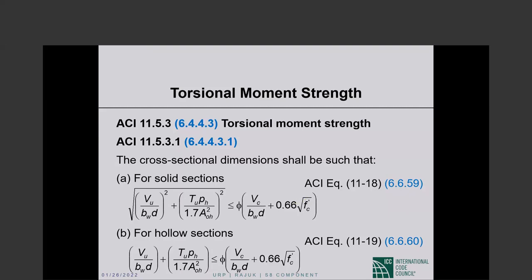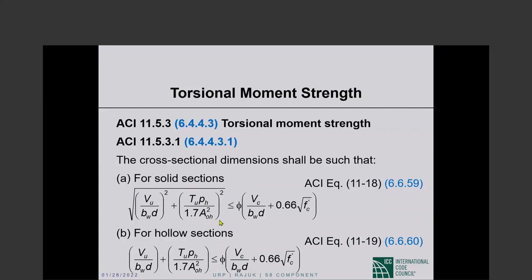Okay. So the cross-sectional dimensions shall be such that for solid sections, the shear stress squared plus the torsional stress squared. This term is T sub u P sub h divided by 1.7 A sub 0 h squared.